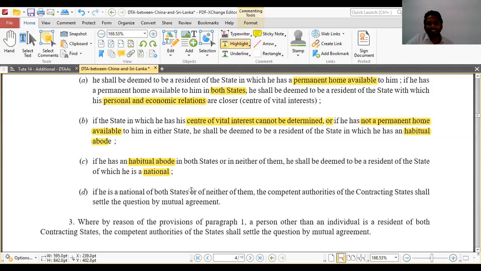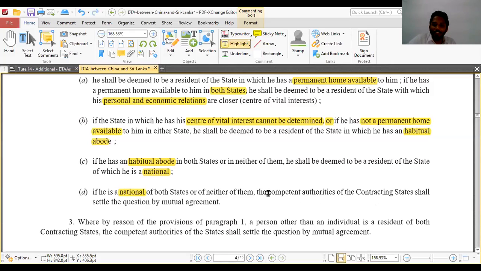Here we are currently discussing dual citizens. What happens if it is a dual citizen? Then, if he is a national of both states or neither of them, the competent authorities of the contracting states shall settle the question by mutual agreement.